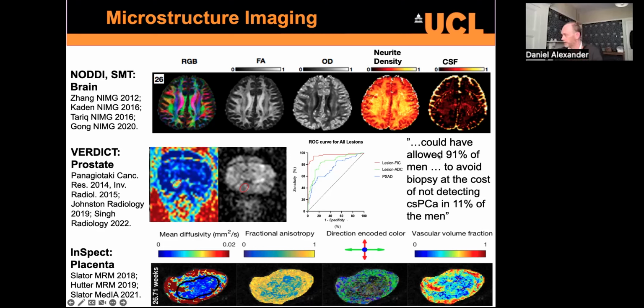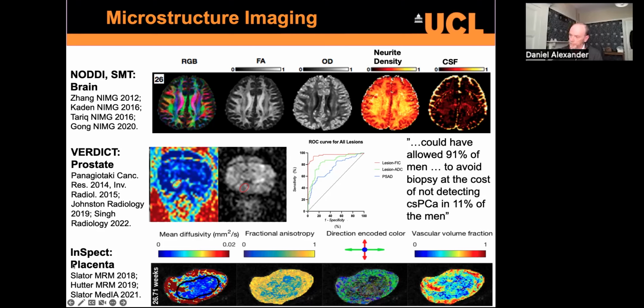This was a retrospective trial where people having the VERDICT technique also had the prostate biopsy, but the conclusion was that for 91% of those people, the same decision would have been made using the non-invasive technique as the invasive biopsy, at a relatively small cost in terms of false negatives. So it's quite close now to being able to deploy that, at least locally, in clinical practice.